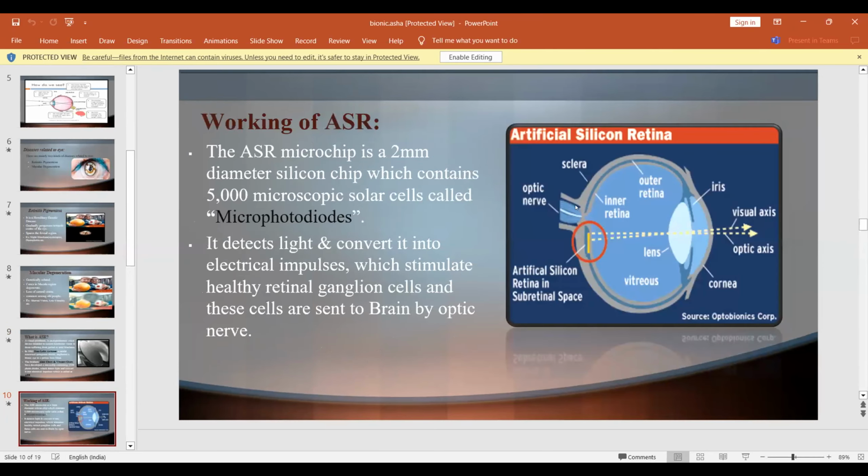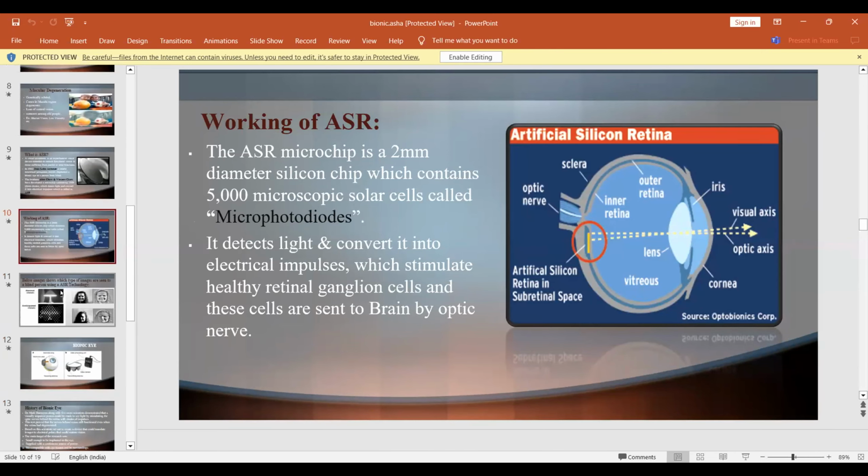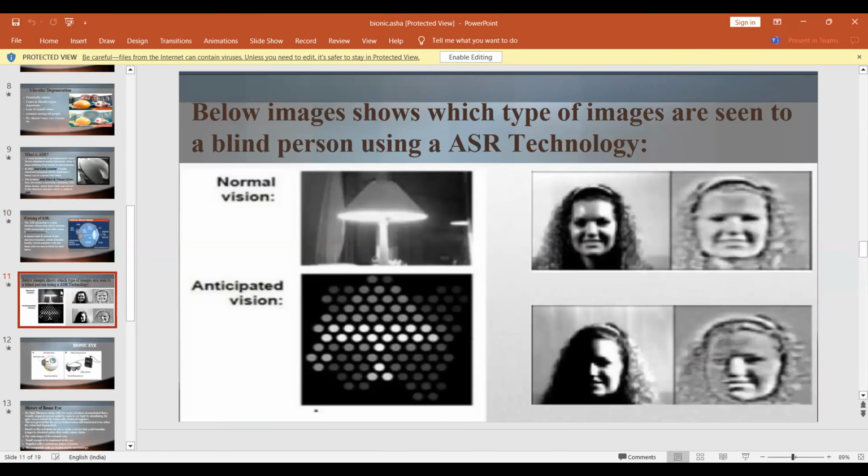And this is the working principle of the artificial silicon retina. In the next slide, the image shows what we can see after inserting the artificial silicon retina into our eye.